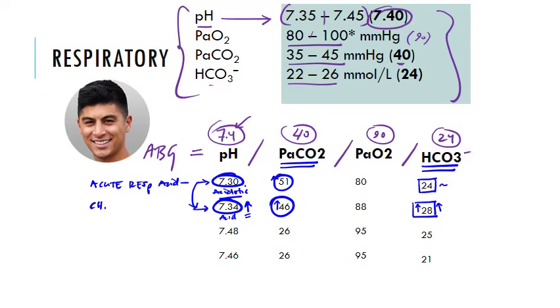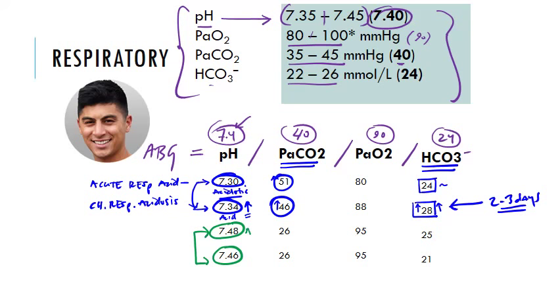So I would write this as chronic respiratory acidosis. And as a note, it takes between 2 to 3 days for the kidneys to kick in. Now what I'd like to do is to talk about the next set, and we'll also say that this is the same patient.